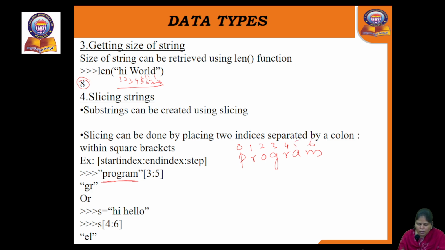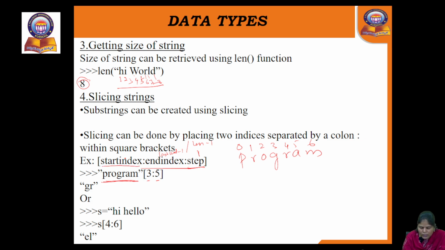Now 3:5, as I mentioned, means the starting index and this is the end index, and it goes up to end index minus 1. The default value of step is 1. The end index default is the last index minus 1, or length minus 1.